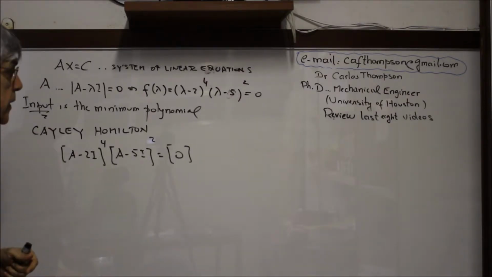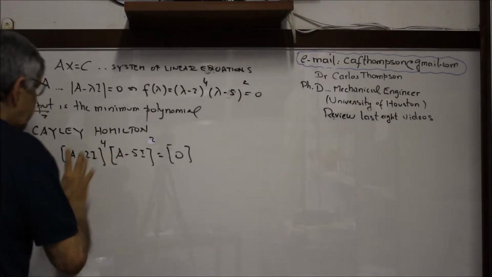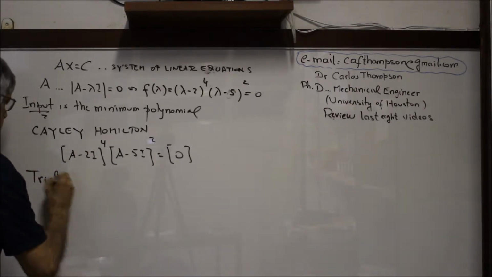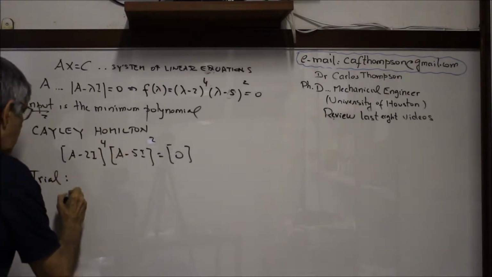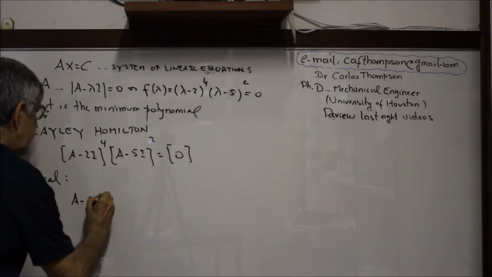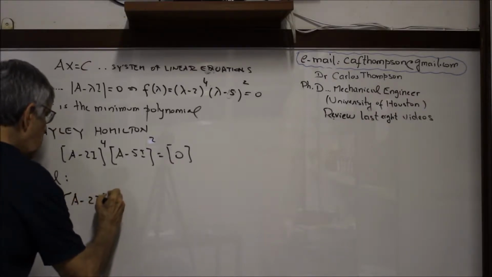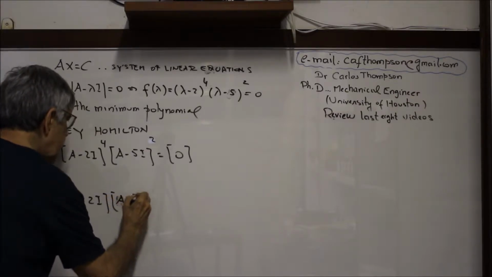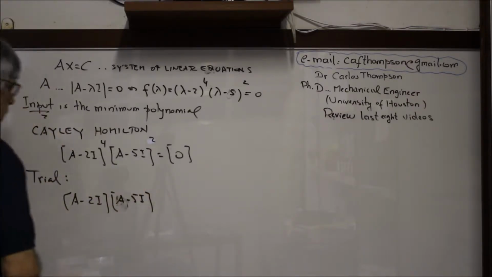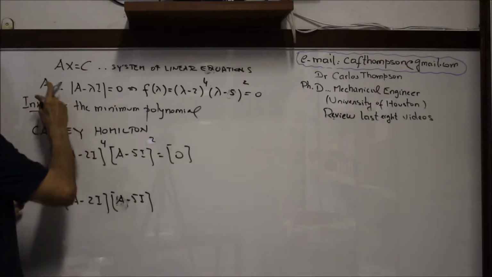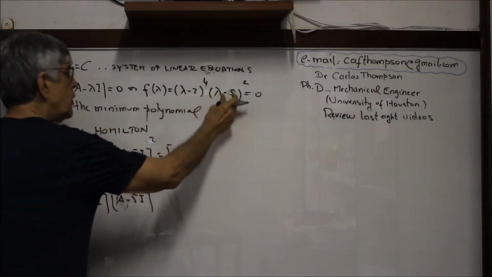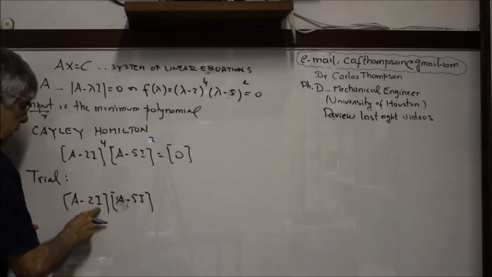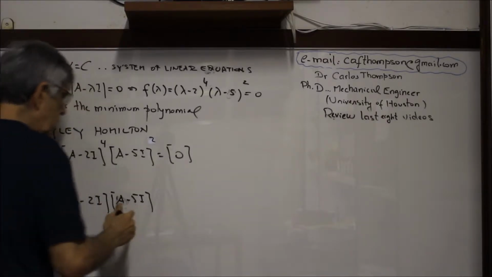Somebody did this by trial. They started with A minus 2I to the power 1 times A minus 5I to the power 1. So we have a matrix A and the two lambdas; you multiply A minus 2I by A minus 5I.